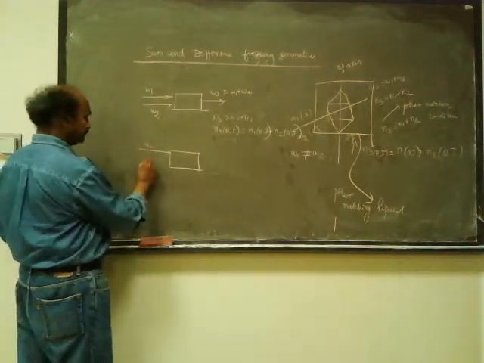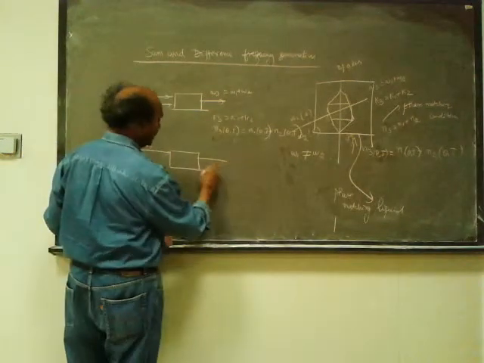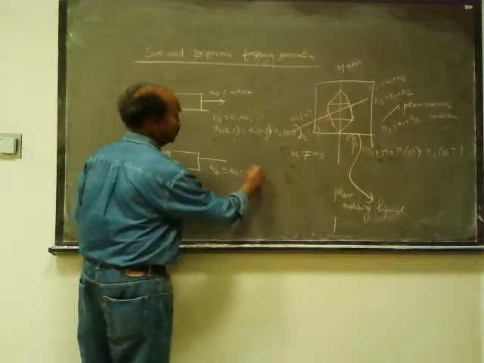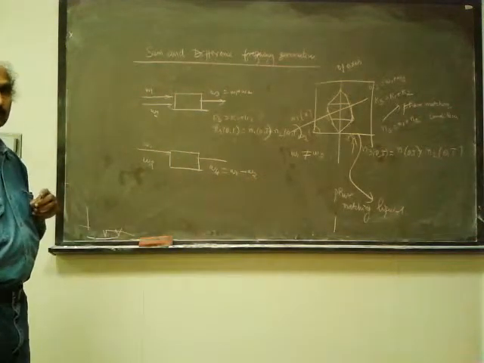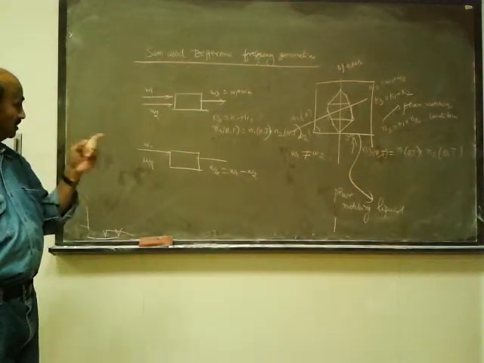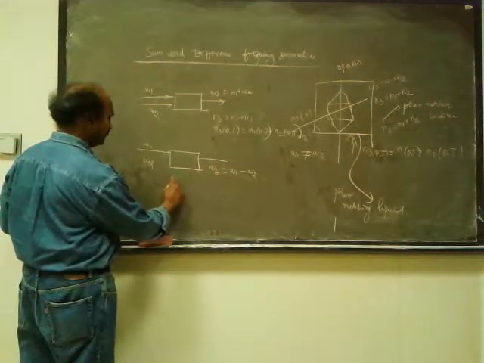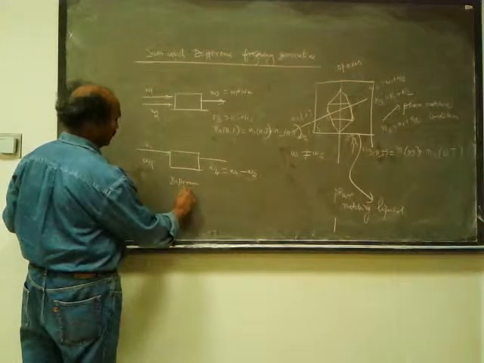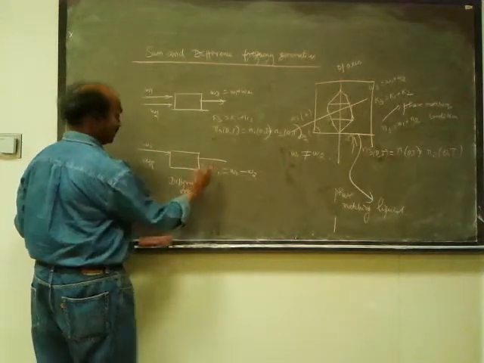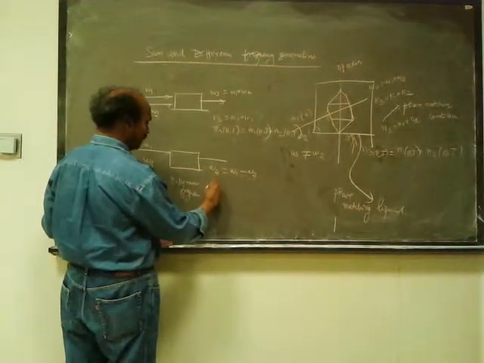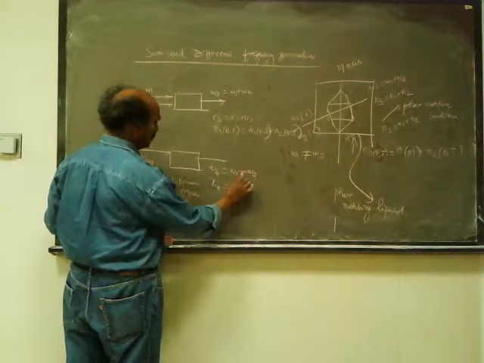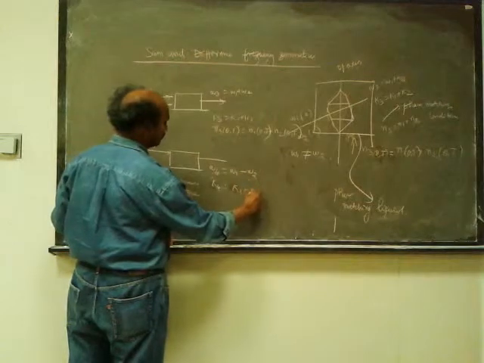Look at it. I get omega 4, which is omega 1 minus omega 2. This is called difference frequency generation. The condition is again the same thing. This means K4 should be equal to K1 minus K2, that's all.